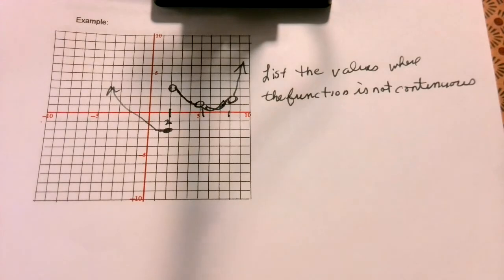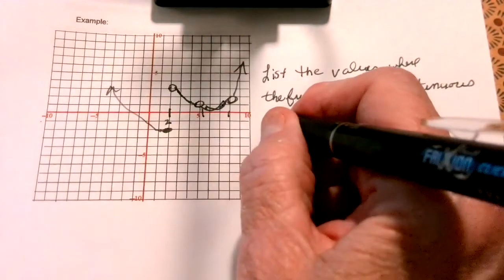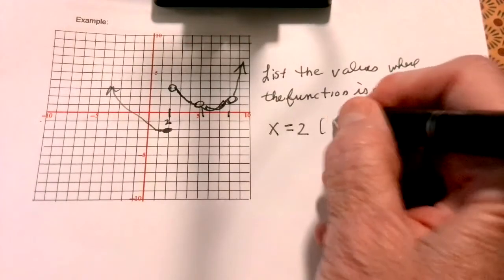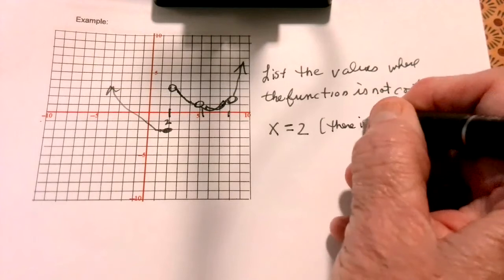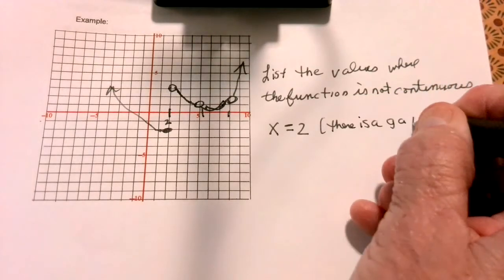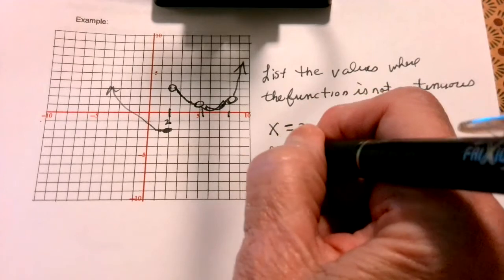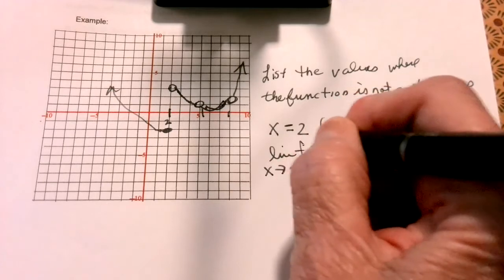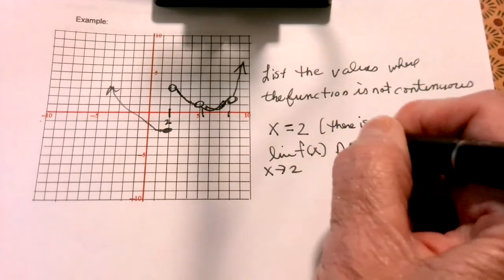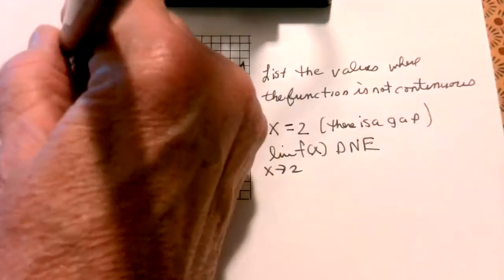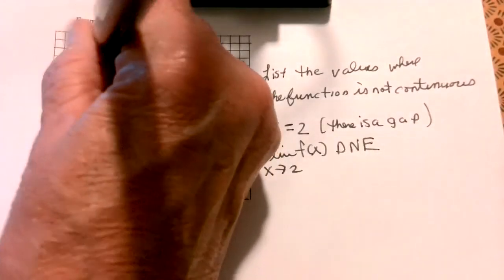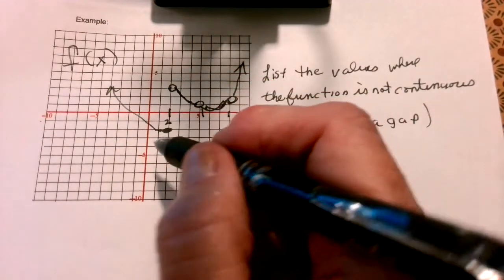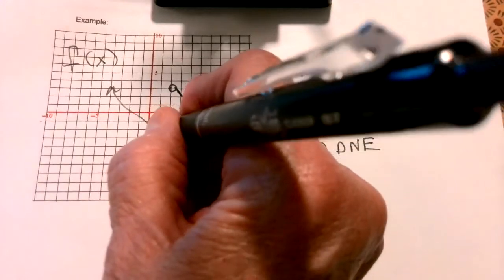Okay, so let's see, reading from the left to the right. The first place is at x equal 2. And what's happening there is there's a gap. And the limit as x approaches 2 of f of x does not exist. There's different ways that it can not be continuous, but here, the limit's not going to exist because we're not coming into the same place.